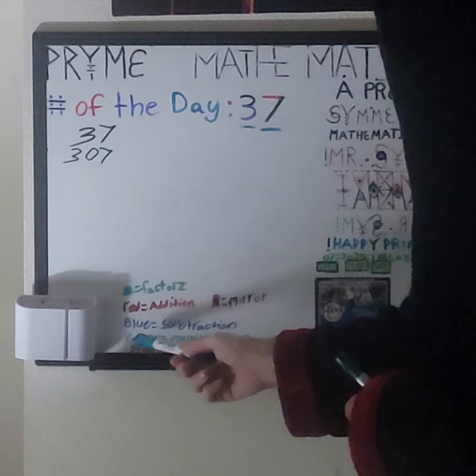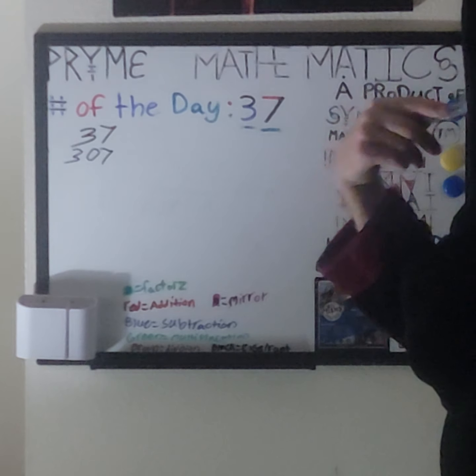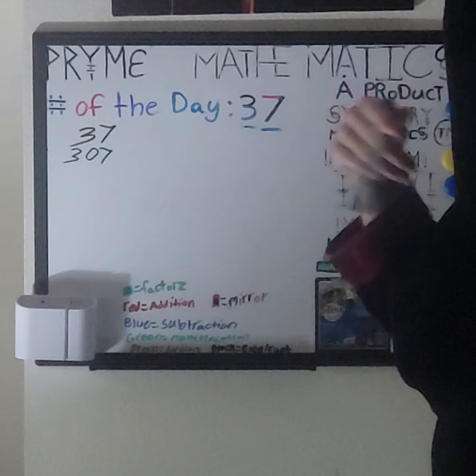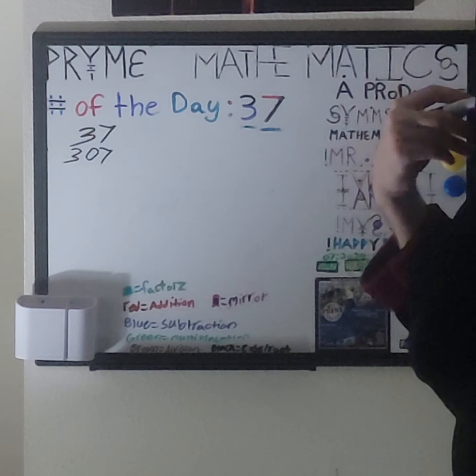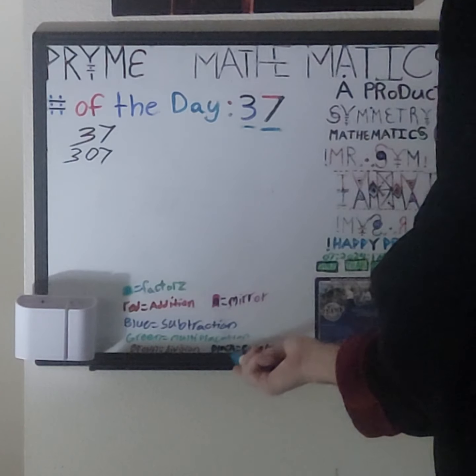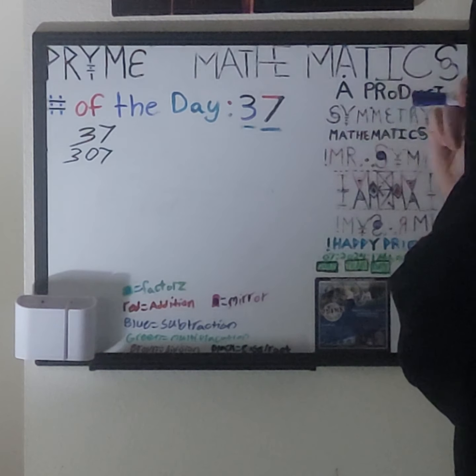Down here at the bottom, green is multiplication, blue is subtraction, red is addition, brown is division, and this green bluish color is for factors. We'll get to that. The black is the base or the root number.